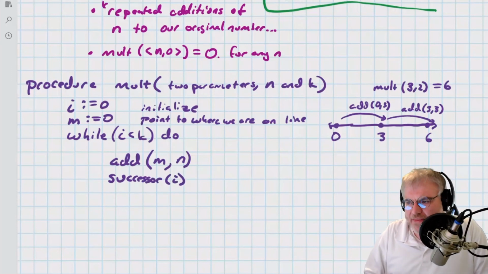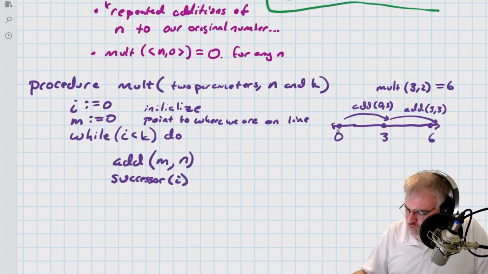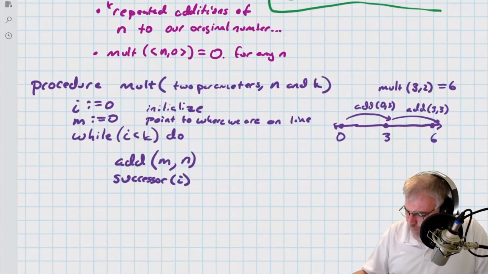How do we feel about that idea? What I want to do, I'm drawing out what I do. I want it to add 0 to 3 and then add 3 to 3.